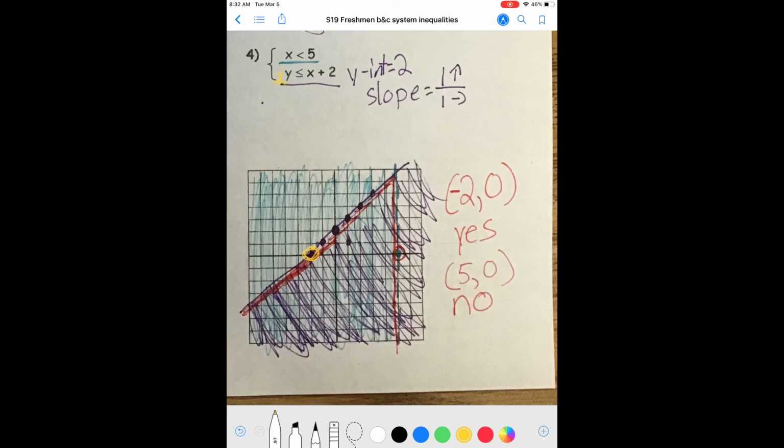Because it's on a solid line, it is a possible solution. Now, what if we went to 5, 0, which is right here? That is on the first inequality. It's on a dashed line, so it is not a possible solution.